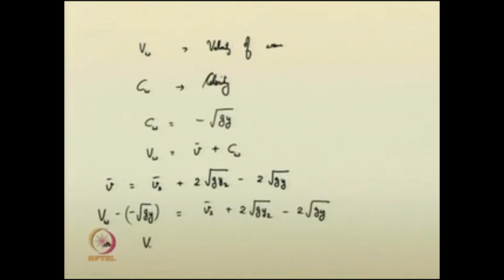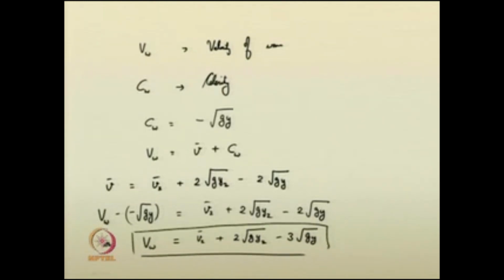Or the velocity of wave at any section, that is the important thing which we require here, is nothing but equal to V2 plus 2 root g y2 minus 3 root g y. So, like this I can derive the expression for velocity of wave at any section.